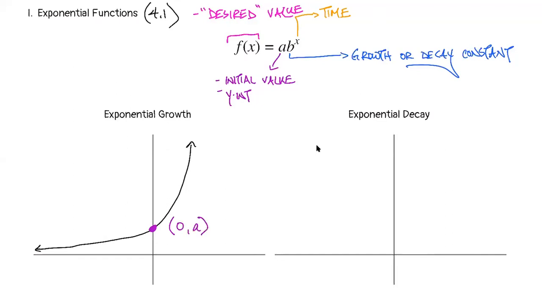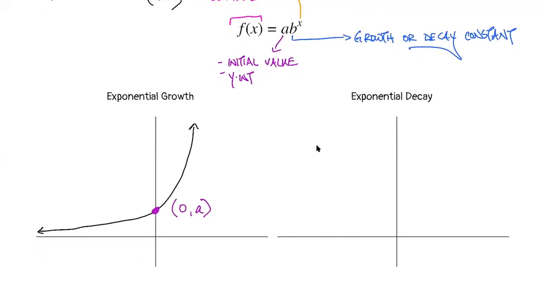So we want to write that as a coordinate. Now, if the graph starts down flat and goes up, then this is happening when the b value is greater than 1. So if you look in the equation and the b value is greater than 1, the picture is going to look like this.